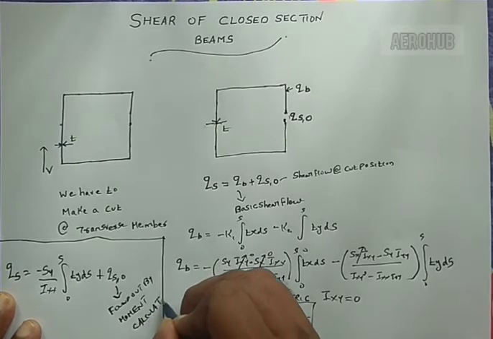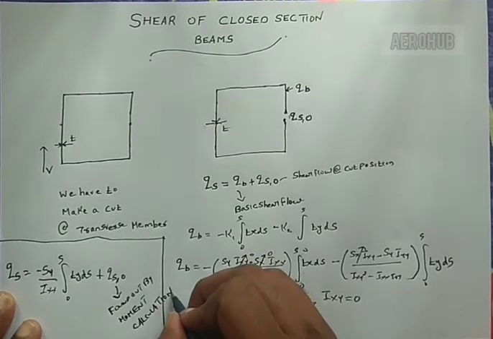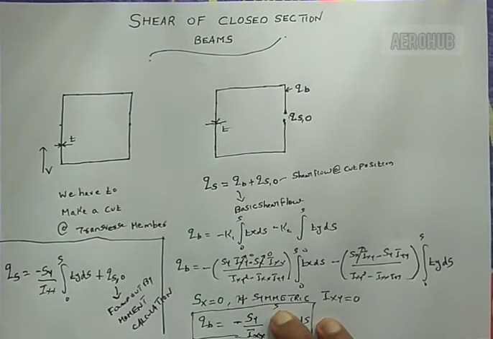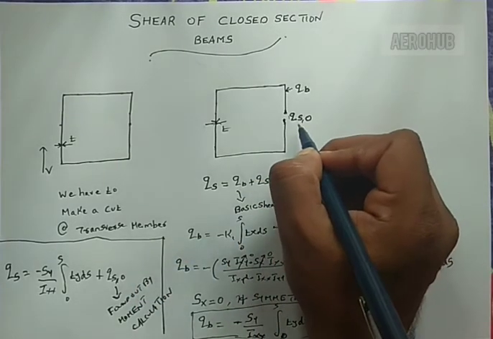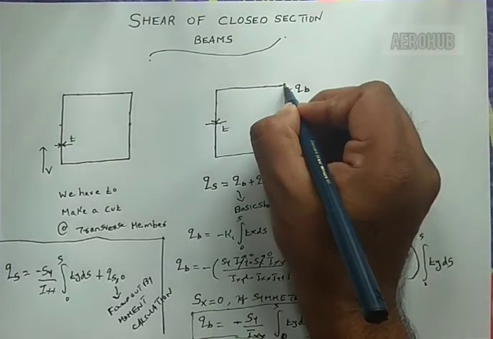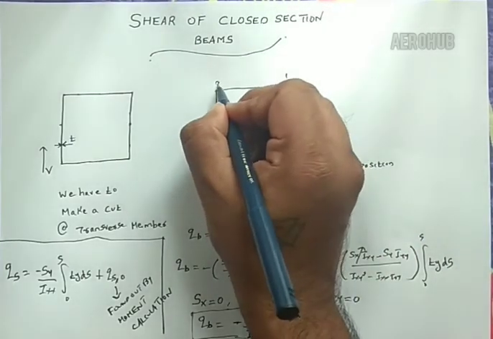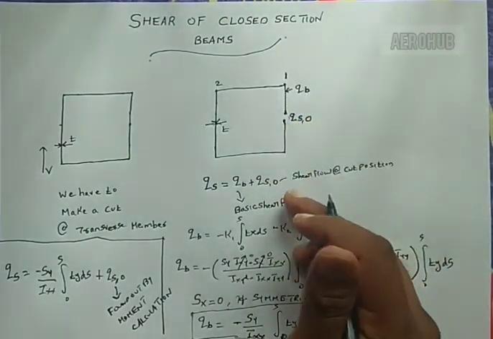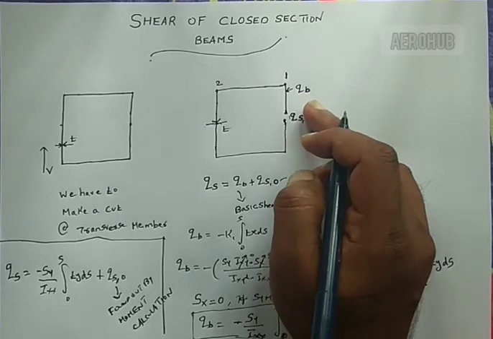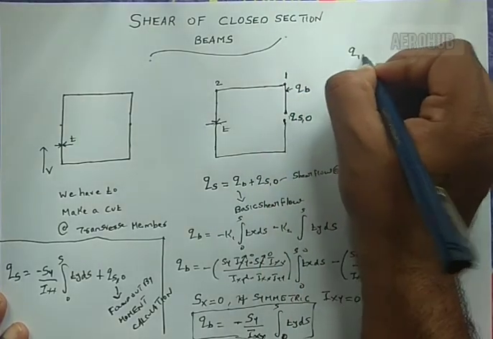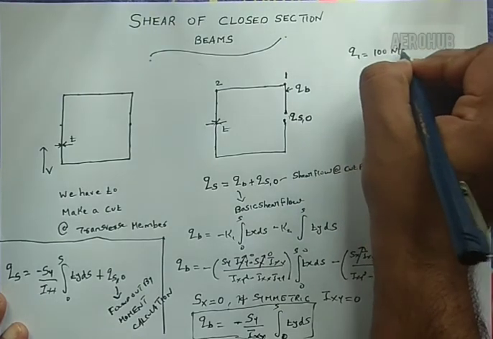While doing the problem, we will get a good understanding of how to find the value of Qs0. We will take the moment for the section and find the value of Qs0. After getting Qs0, we will add it. For example, I have this point 1 and this point 2. I'll get some shear flow initially because of the basic shear flow. Say Qb at 1 is equal to 100 Newton per centimeter.